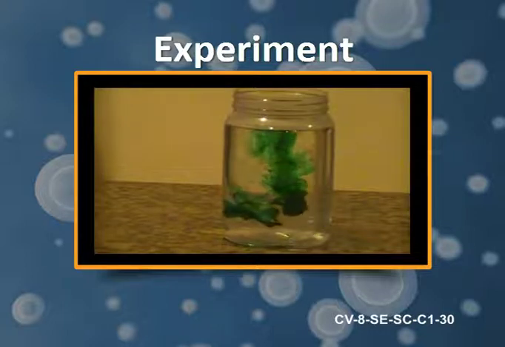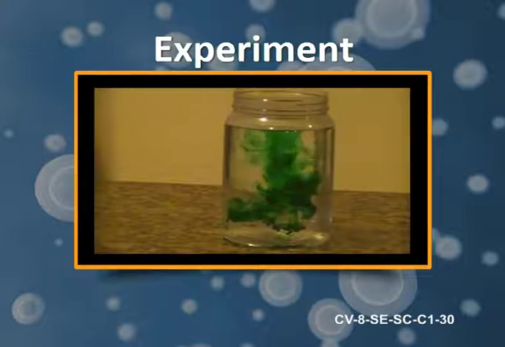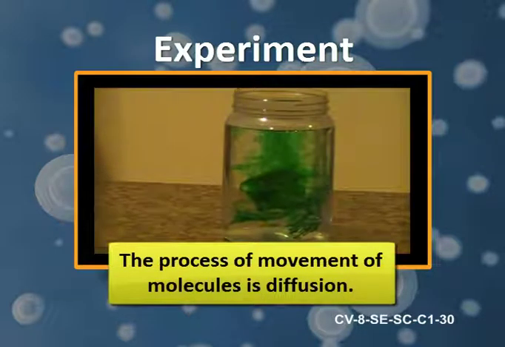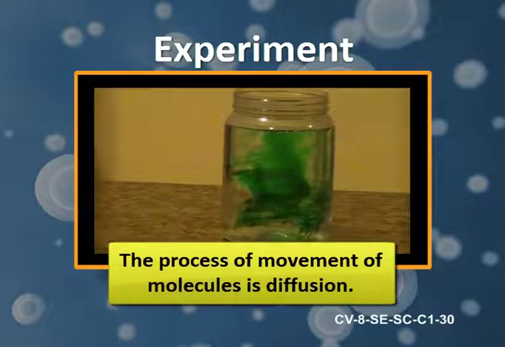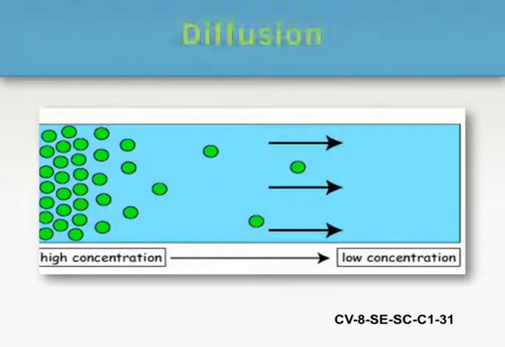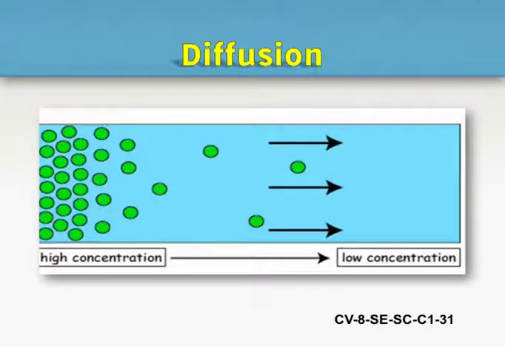You see that the change is gradual. This is due to the movement of molecules. Green dye is getting diffused. The process of movement of molecules is called diffusion. In diffusion, the molecules move from a region of higher concentration to a region of lower concentration.